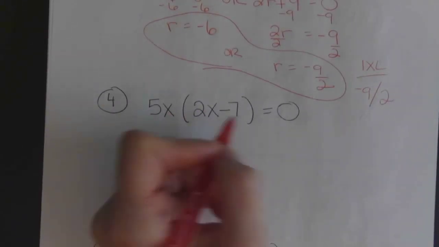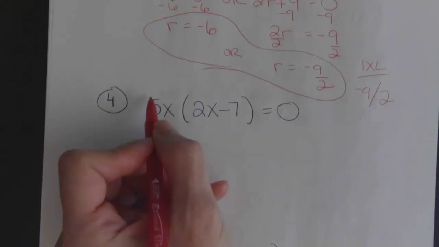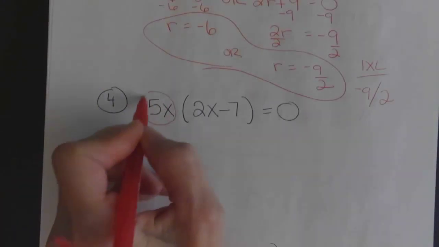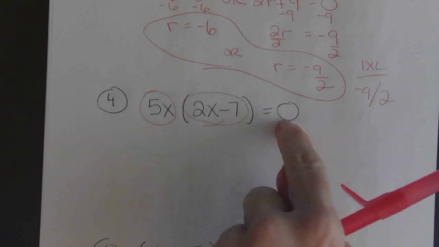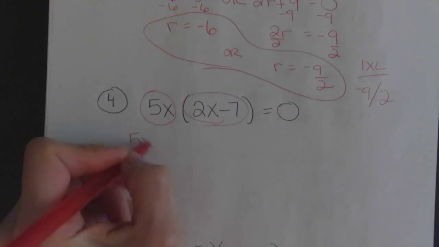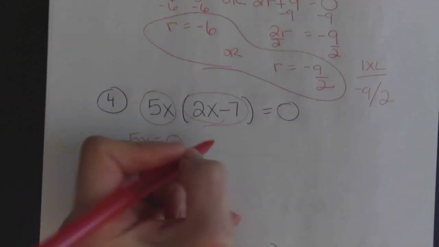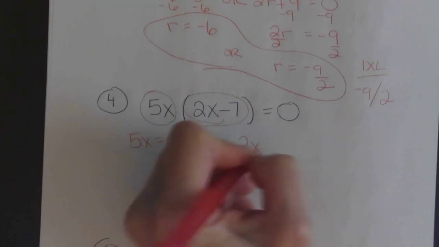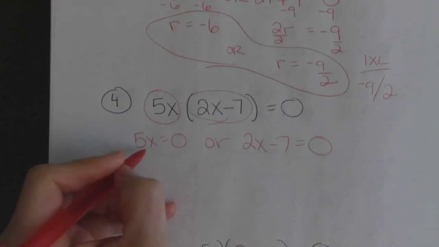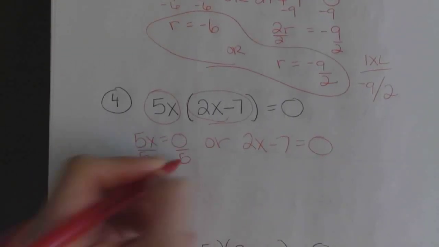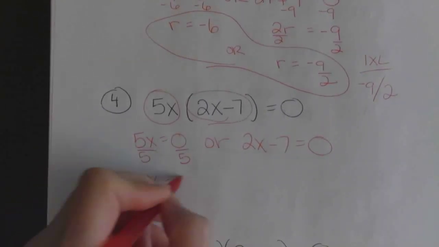Okay, number 4, 2 to go. 5x times 2x minus 7 equals 0. So again, here's the first guy, and we'll call him the second guy. So we set them both to 0. So 5x equals 0, or 2x minus 7 equals 0. This one, divide by 5.